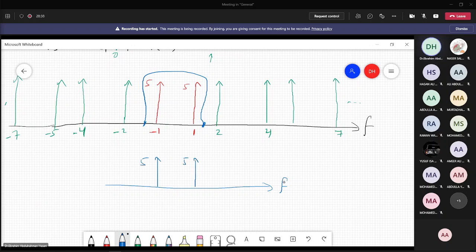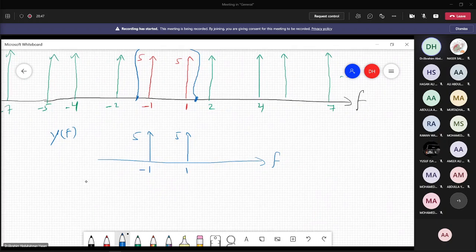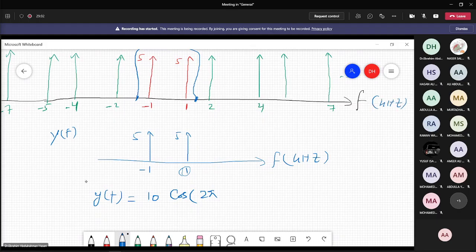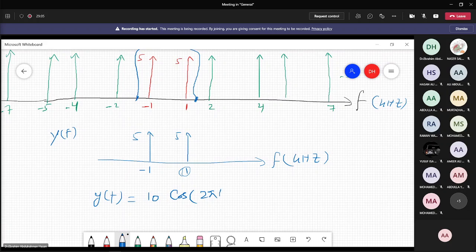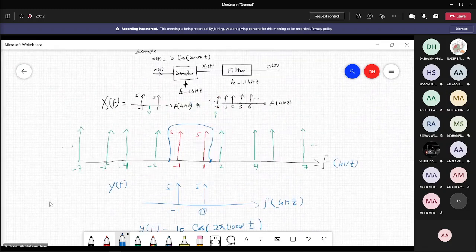This is 5, this is 5, this is Y of f, at 1 and minus 1. Then Y of t is equal to 5 multiplied by 2, 10 cosine 2 pi multiplied by, of course, kilohertz, so 2 pi multiplied by 1000, which is exactly equal to the original one.